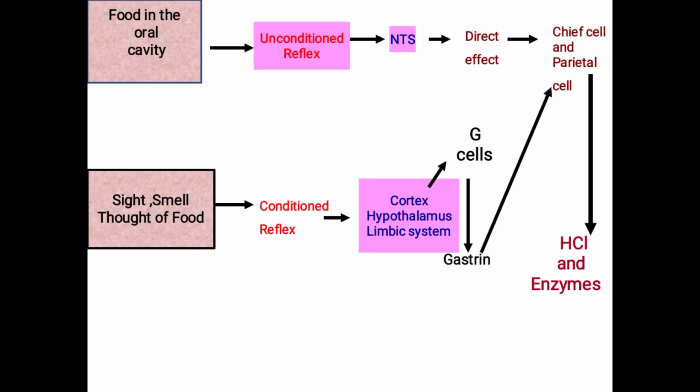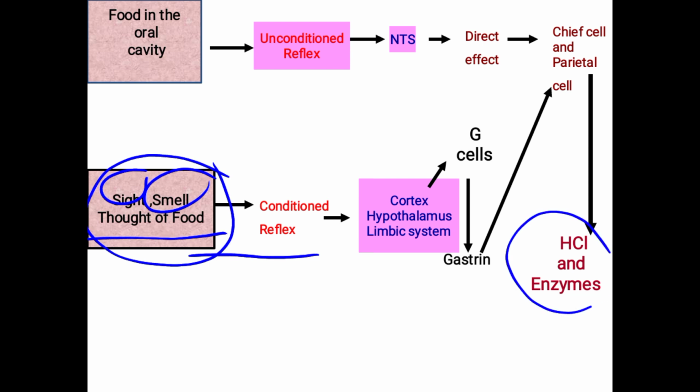First we will see the cephalic phase. Cephalic means head, so it comes from the brain. Whenever you think about food, see food, or smell food, the sight, smell and thought of food cause gastric secretion in the stomach.